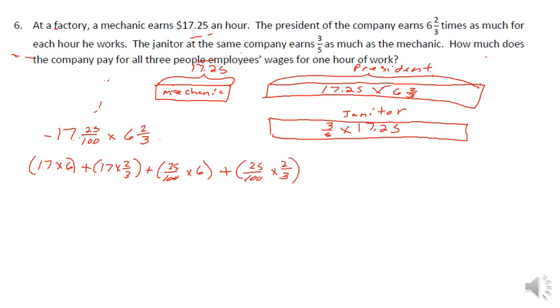Now the first one, we got 17 times 6. 6 times 7 is 42. 6 times 10 is 60. So it's going to be 102 when we multiply that out.